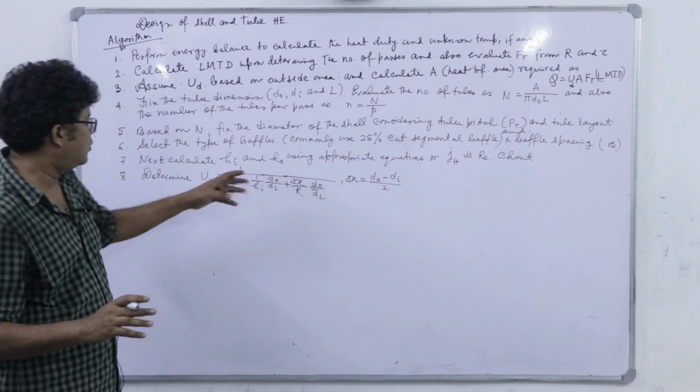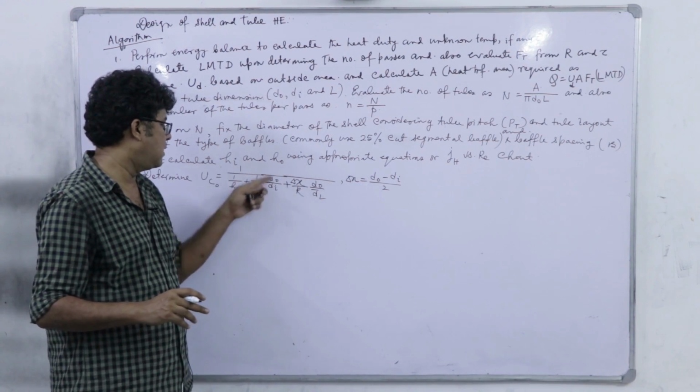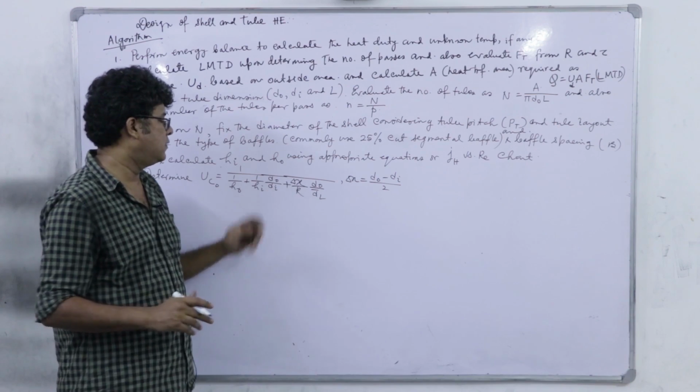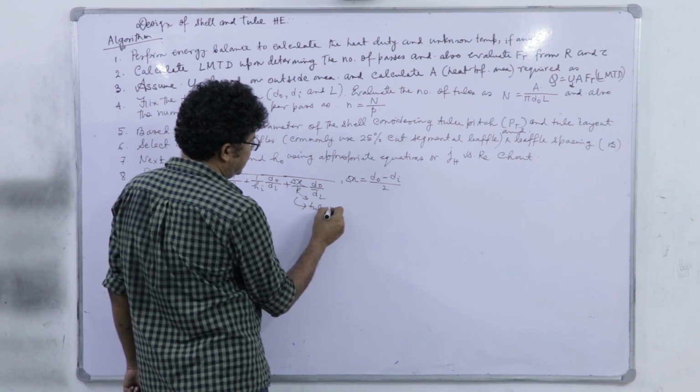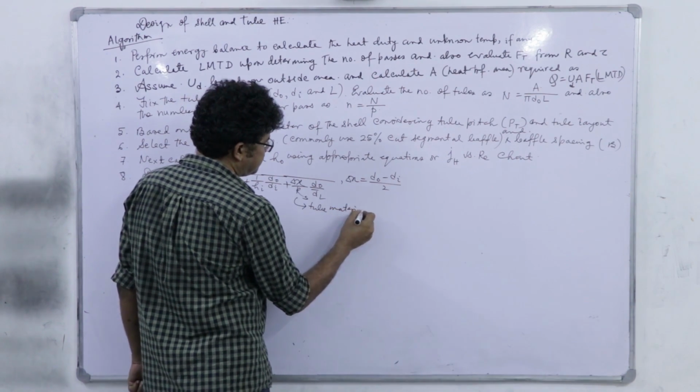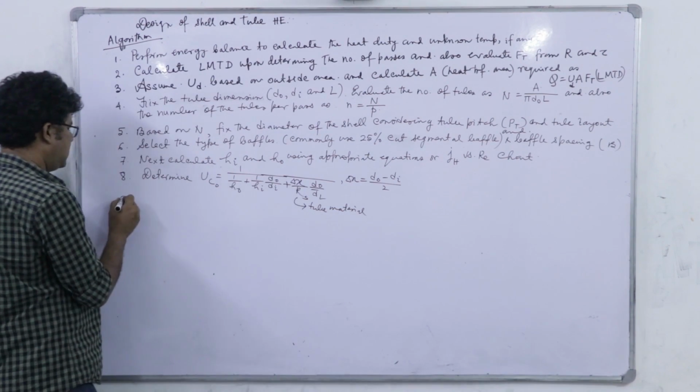So, we have included the metal wall resistance outside and inside. This K is for the tube material, right.